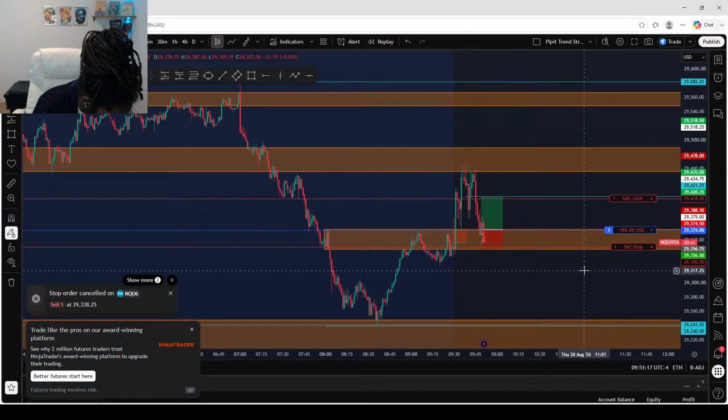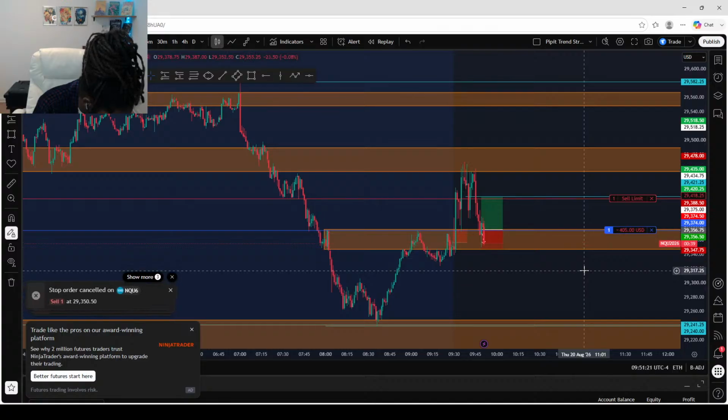And we're stopped out. Yeah, we're stopped out. Damn. Can we get a wick back up? Or is price gonna keep pushing?